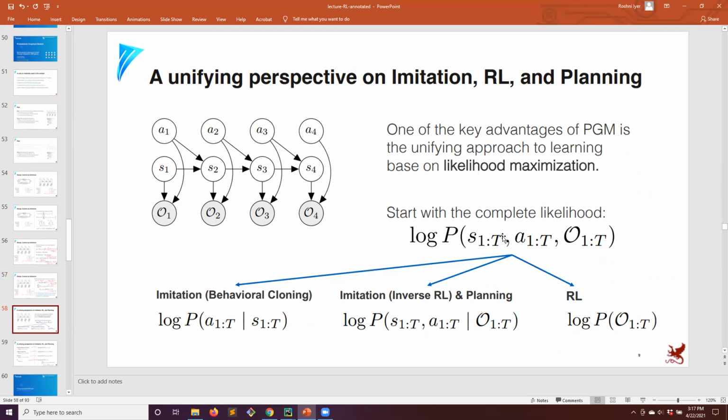Okay, and when we look at this here, with the state, the action, and then the optimality variables, we can see that it can be used for different things. So this, we can have it in these 3 different terms.